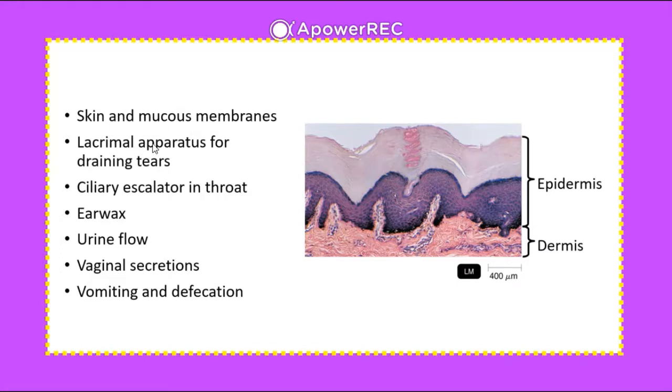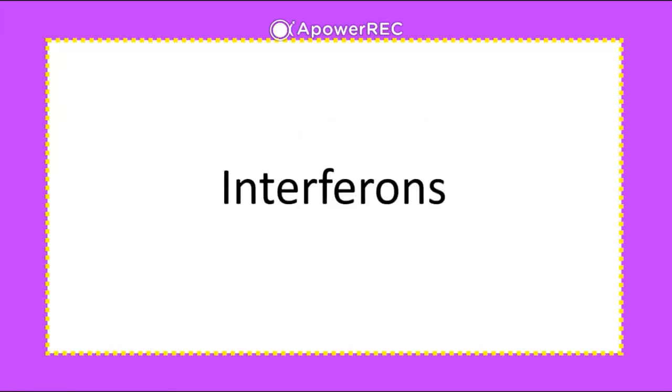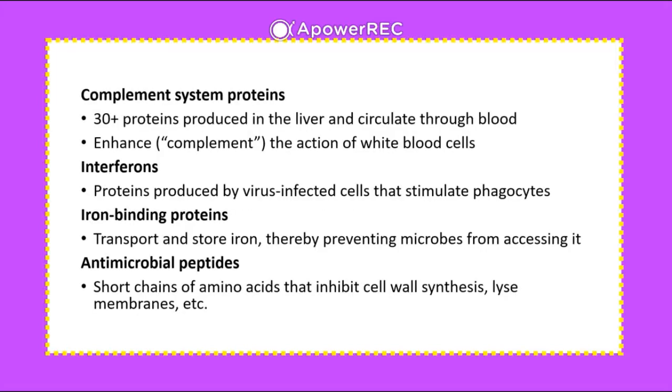We also have something called the lacrimal apparatus, and this is where tear ducts are for draining tears. I won't go through all the rest of these here. Let's just go to the next term, which is interferons. Interferons are proteins that are produced by virus-infected cells that stimulate phagocytes.